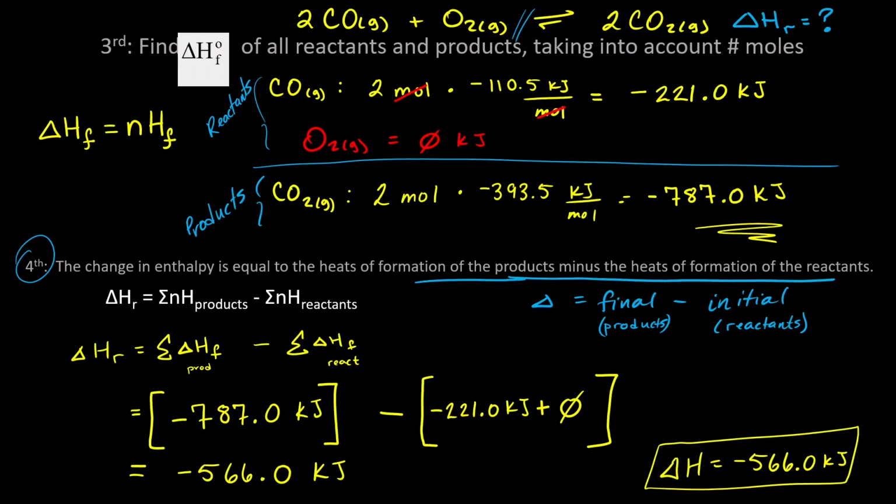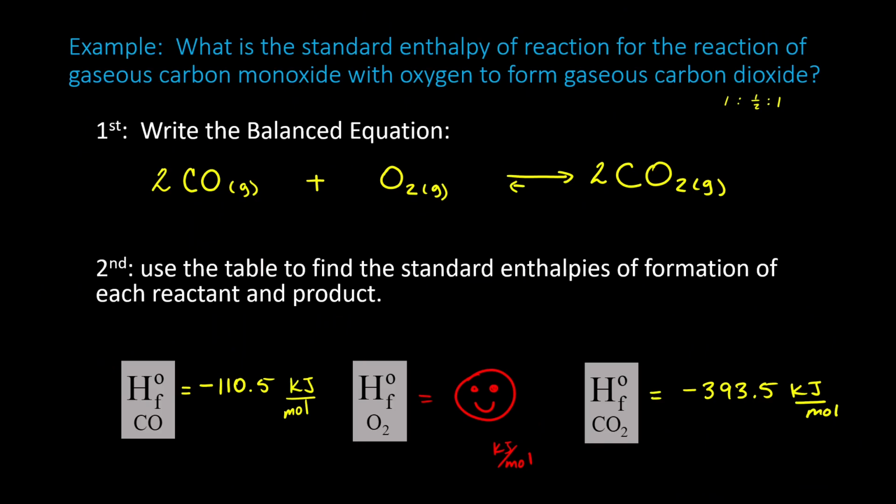Excuse me. Now, if I go back up in terms of our slides, what have we done, people? We found the enthalpy change for this reaction: negative 566.0 kilojoules of energy. And we did that by essentially saying how much energy is stored in our reactants, and how much energy do we end up with in our products. The difference between them is our enthalpy change.